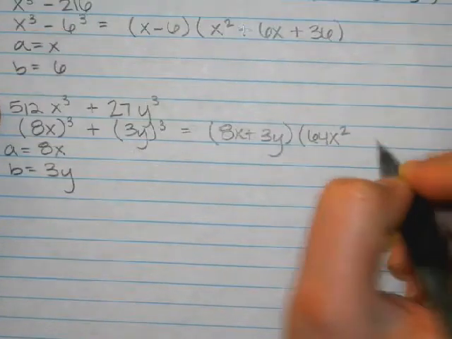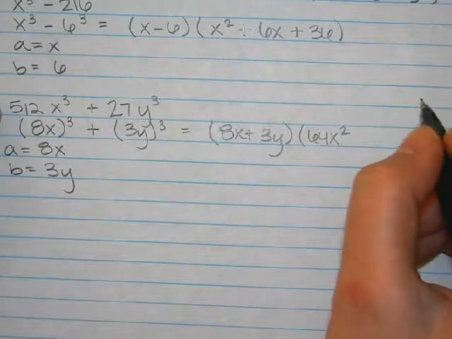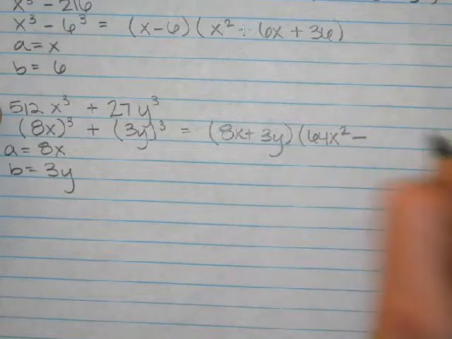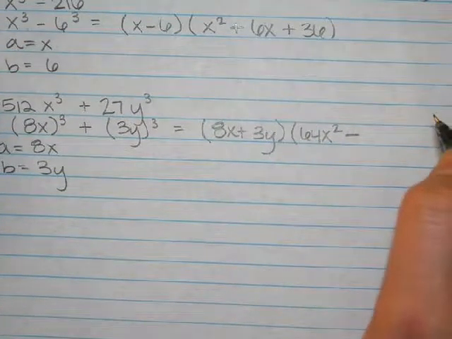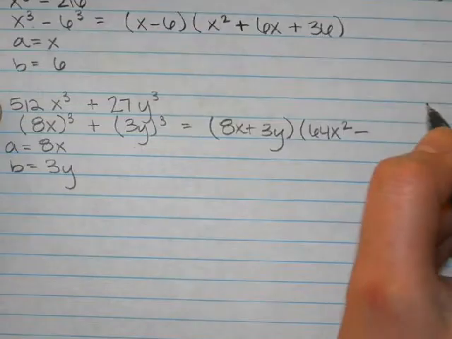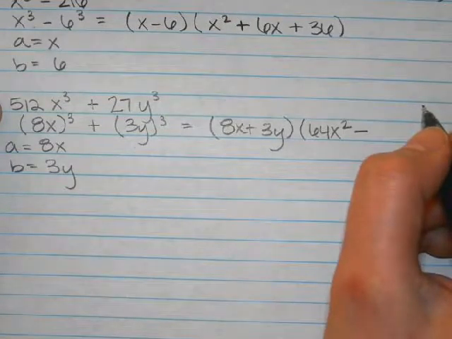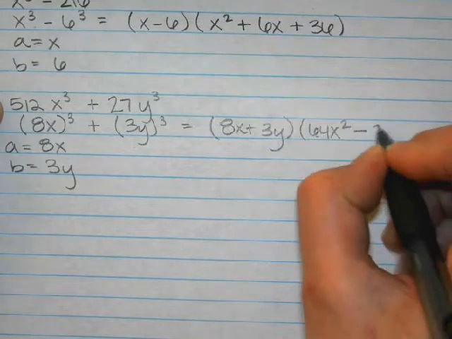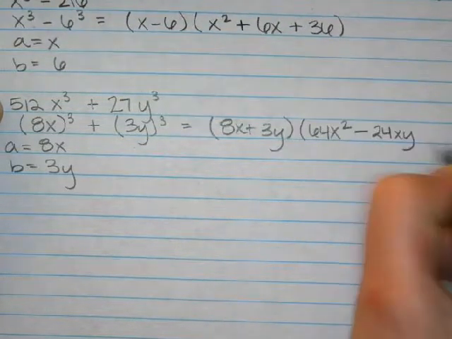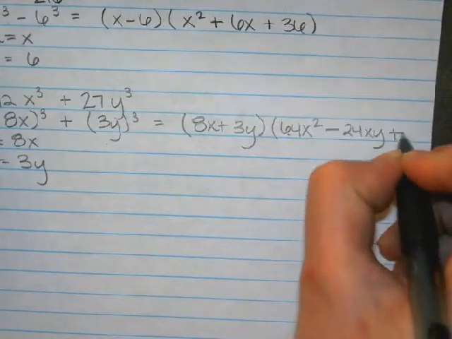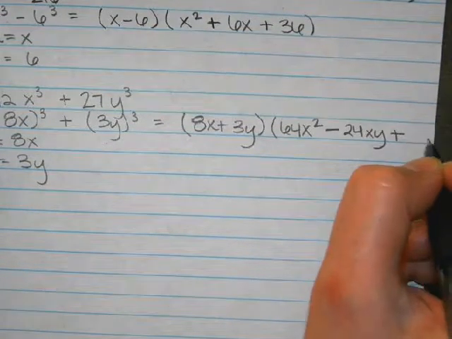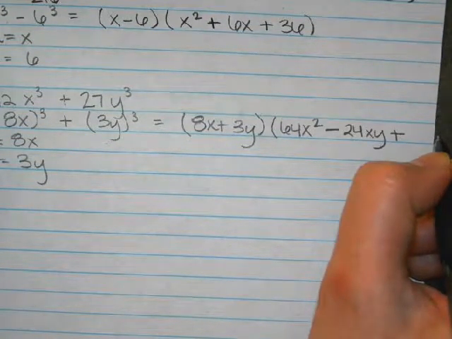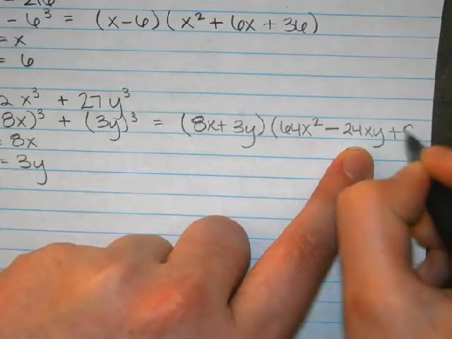Okay, and then what sign comes next? Minus. Good. I got it right that time. It really is minus. And then we have to do the a value times the b value. 24xy. And then always positive. And then the b value multiplied by itself. 9y squared. Good.